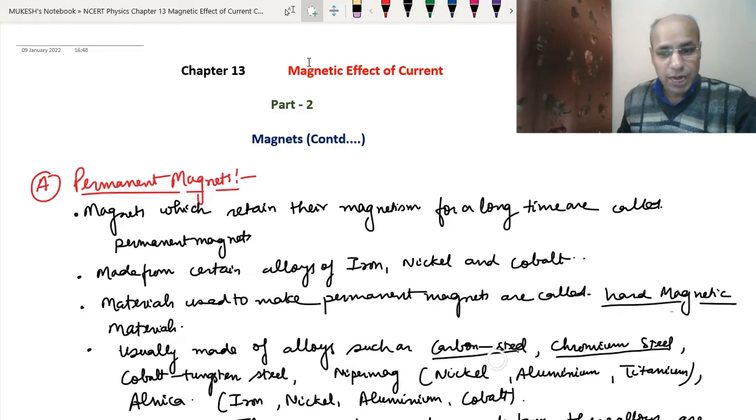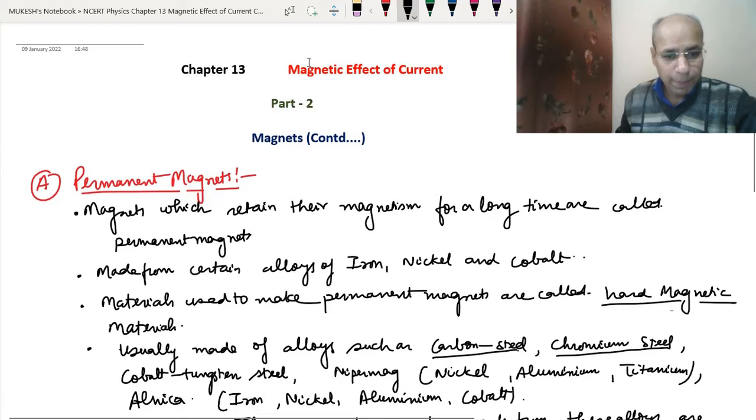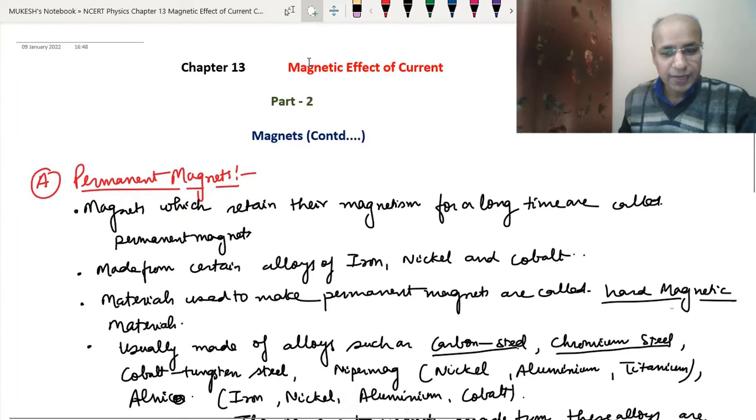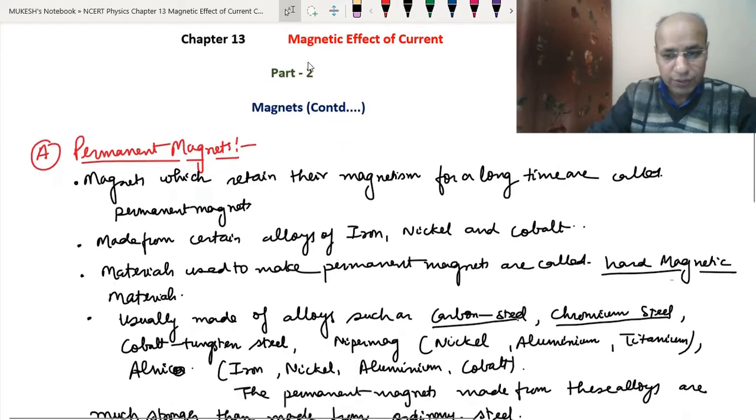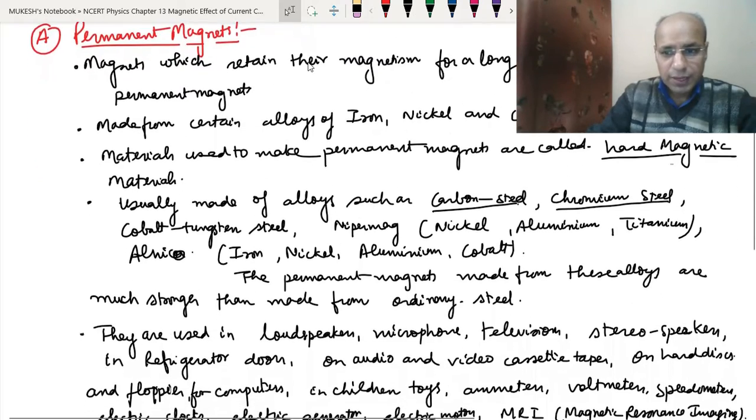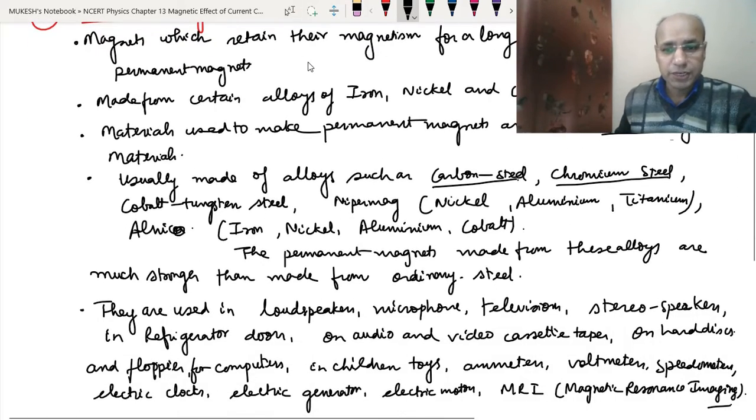They are made of carbon steel, where carbon is mixed into the iron, chromium steel, cobalt tungsten steel. Nipper mag contains nickel, aluminium and titanium. Alnico has iron, nickel and cobalt. If we make the permanent magnet from these materials, they are much stronger than those made from ordinary steel.